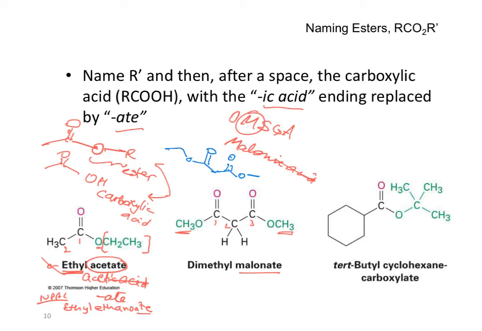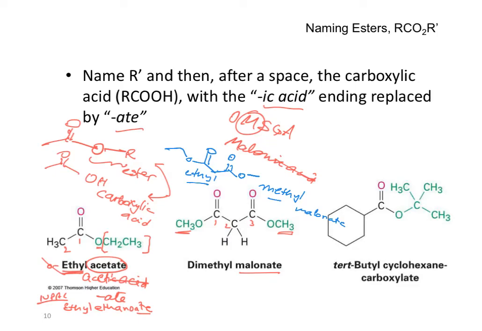On the other side, we have an ethyl group. So there are 2 different groups. It's asymmetric, right? It's a diester and it's asymmetric. Then on one side, I say that I have the methyl group. On the other side, I have the ethyl group. So I'm just going to call it ethyl-methyl malonate. And that would be the name of that.